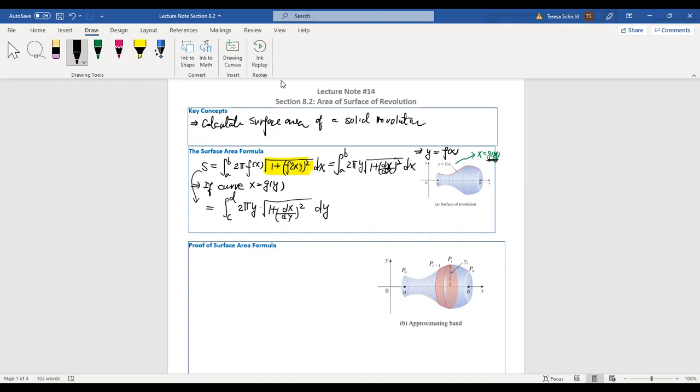It's just how you write the pink function: y equals f of x, or x as a function of y.